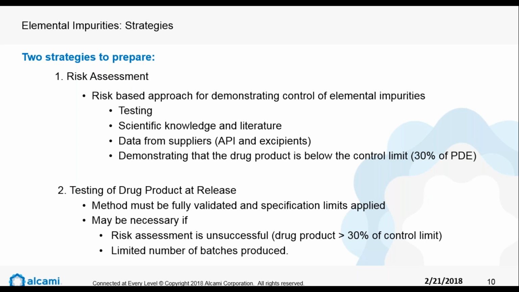You could also do it on 6 pivotal batches, but it's really based on demonstrating control and variability of the elemental impurities. For that reason, you also have to consider the API and excipients, and it's recommended to do testing on them if you can't get data from the suppliers, to show that there are no variability concerns from any of those other sources.